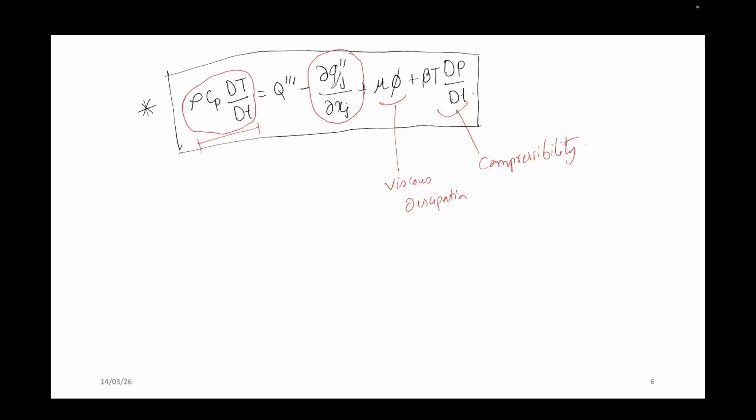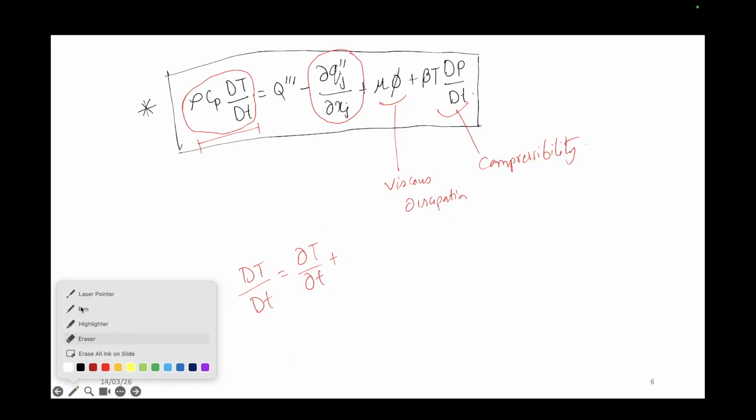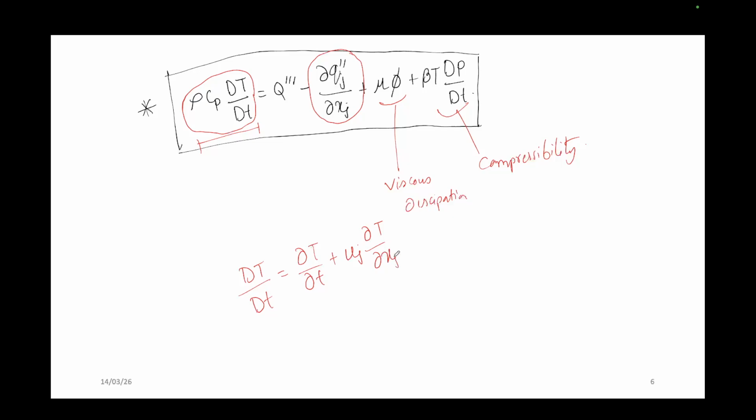So this compressibility term and this viscous dissipation term, though they are part of this energy conservation equation, in the majority of scenarios we will discard them. Now another thing, these terms. Why I am repeating this thing is because this term is quite essential: Uj del T by del xj.